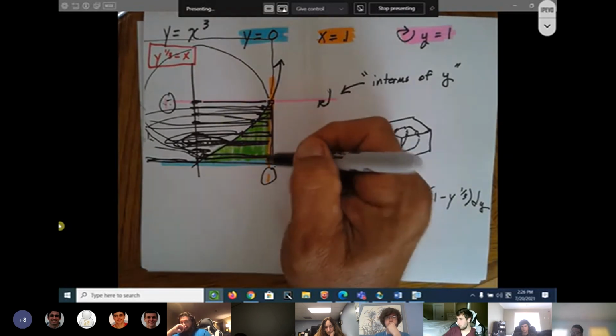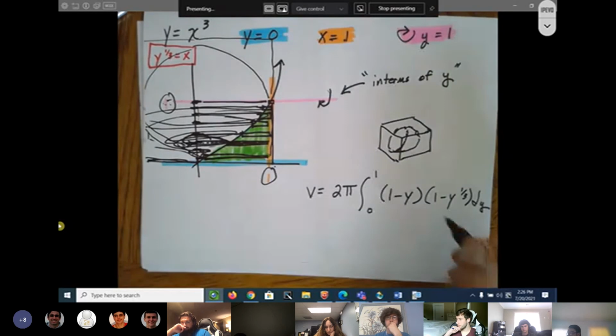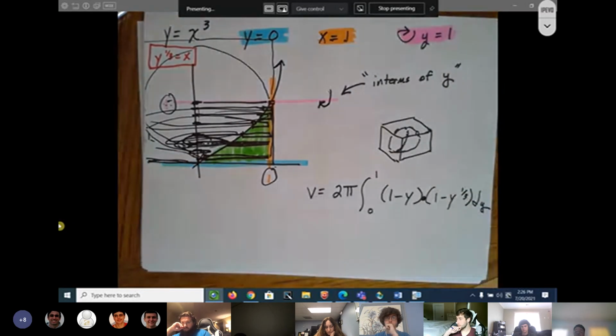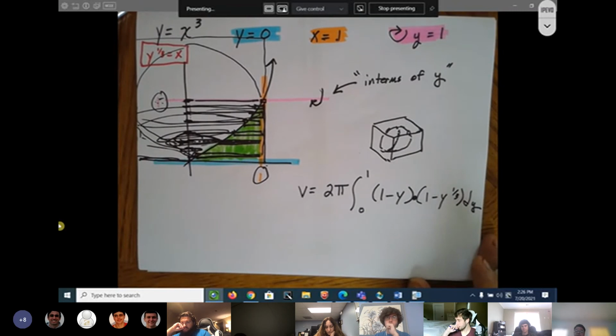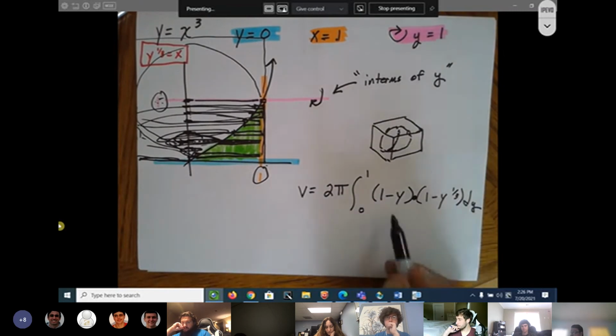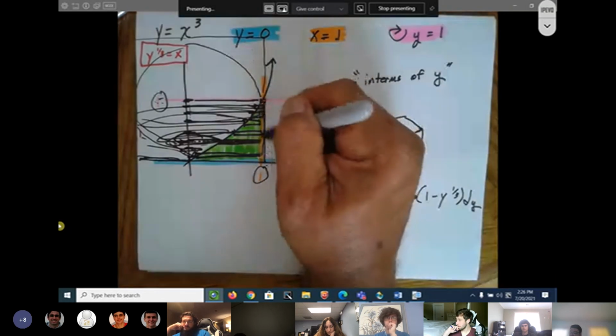And the height and the radius, it doesn't matter which comes first, because this is multiplication. 2 times 3 is the same as 3 times 2. So you can put 1 minus y, or y to the 1/3, in front. Now we have to do the orange.